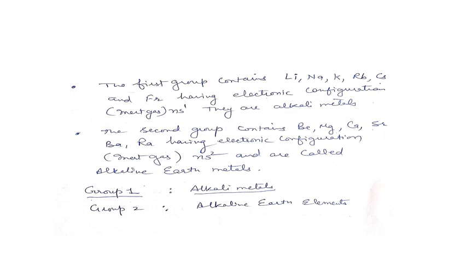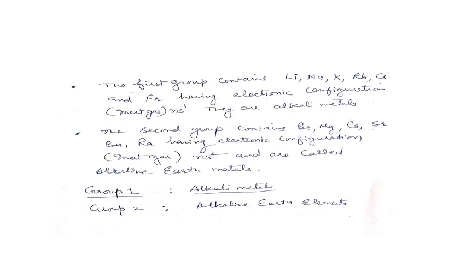having the electronic configuration ns2. The inert gas in the bracket shows that the rest of the electrons follow the electronic configuration of the inert gas. So mainly the outermost electron we are seeing is ns1 and ns2.